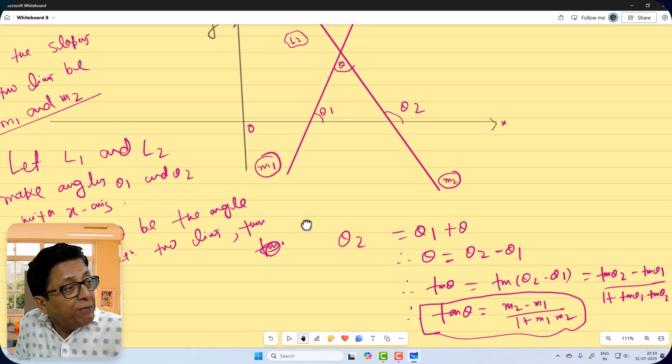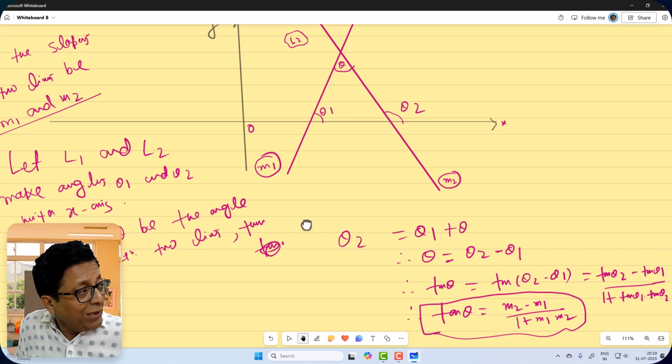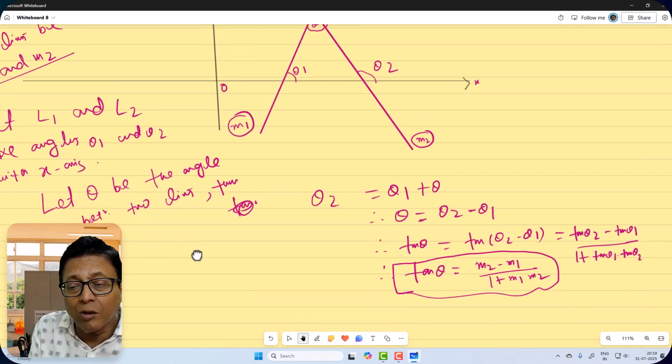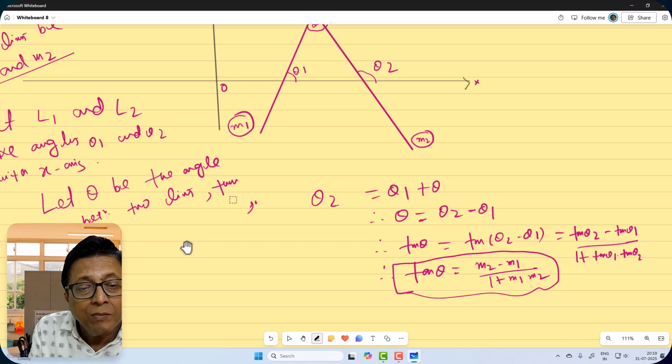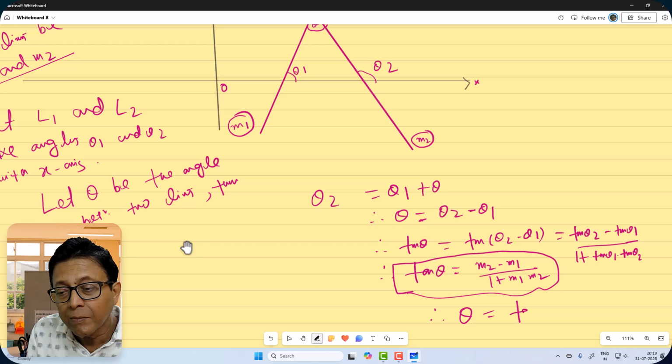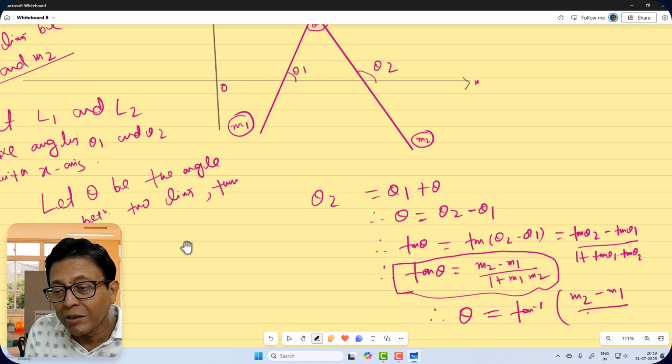Theta can be determined from here. You can find theta the way I told you. I am writing the symbol once more here, although it will not be a very convenient term for you, but you can practice this way. Theta will be tan inverse of m2 minus m1 by 1 plus m1 m2.